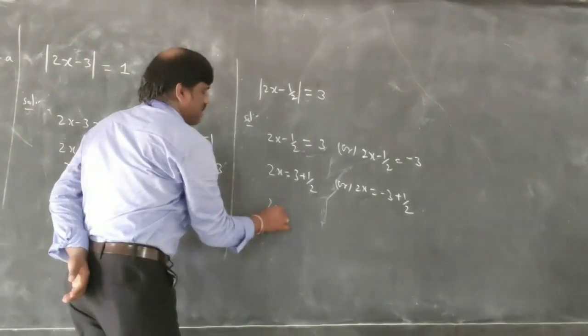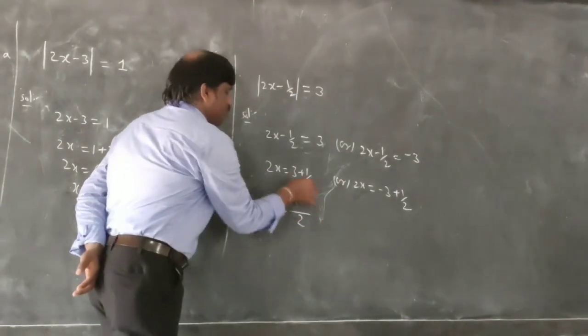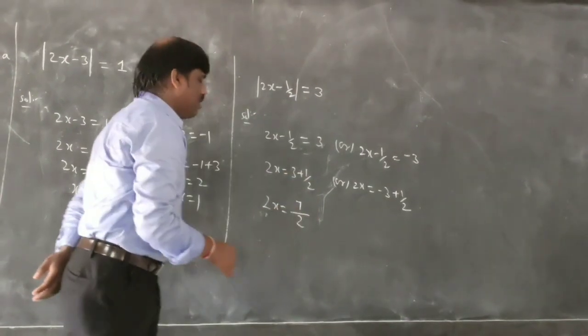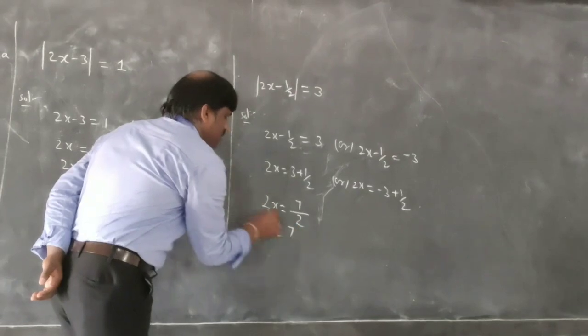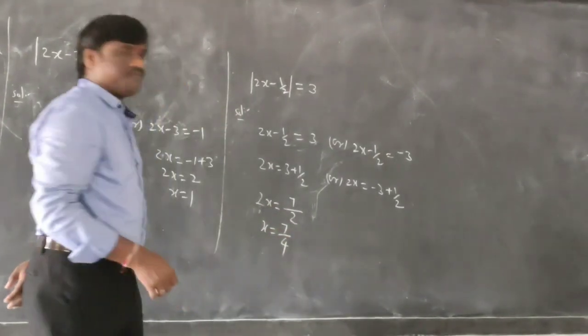If I take the LCM here, 2 is the LCM: 2 times 3 is 6, plus 1, that is 7. So 2x is equal to 7 by 2, and x is equal to 7 by 4.